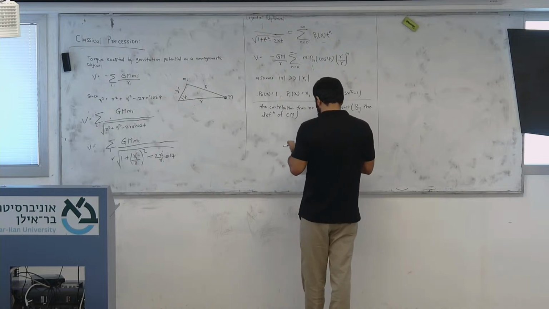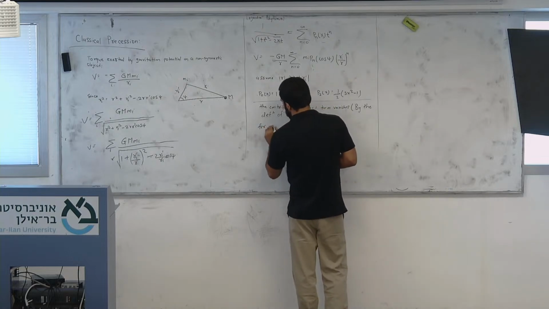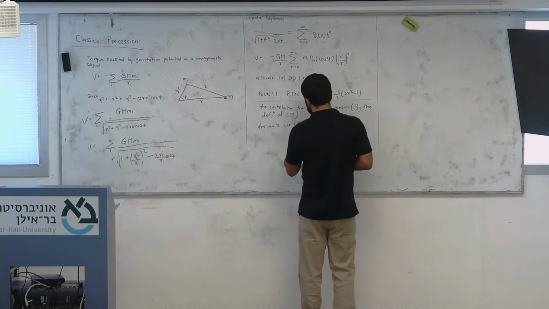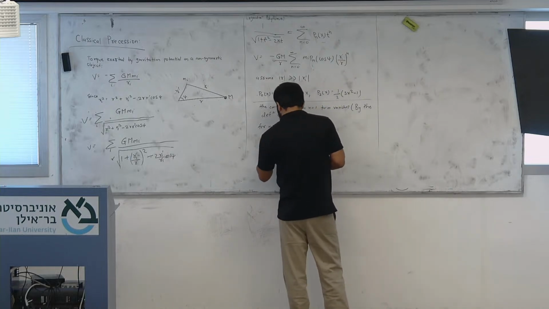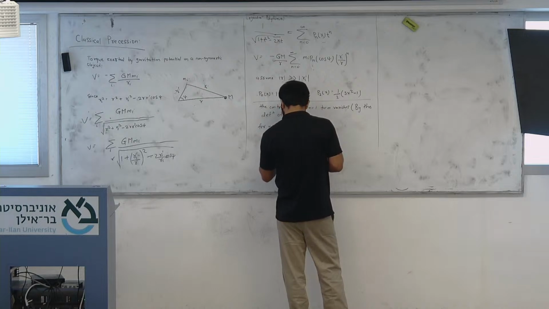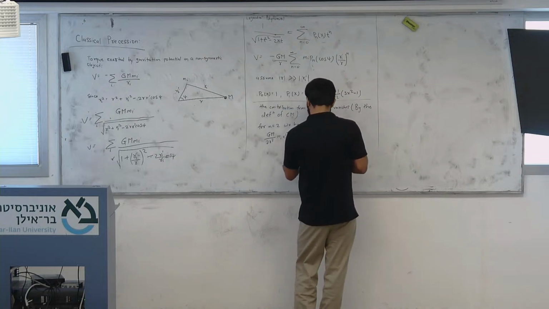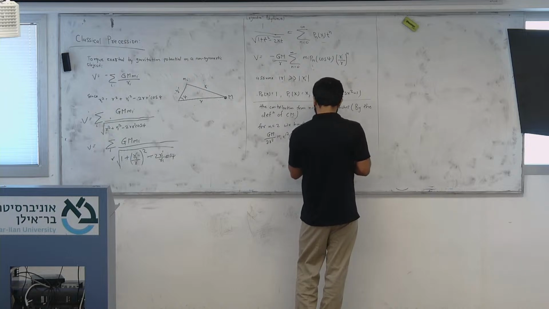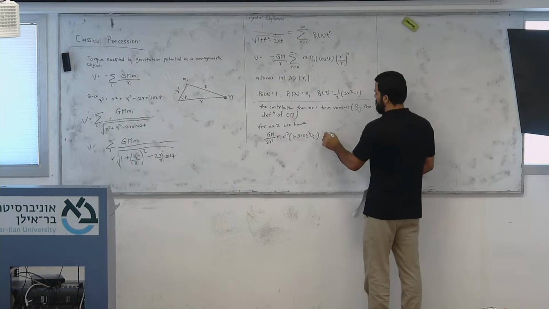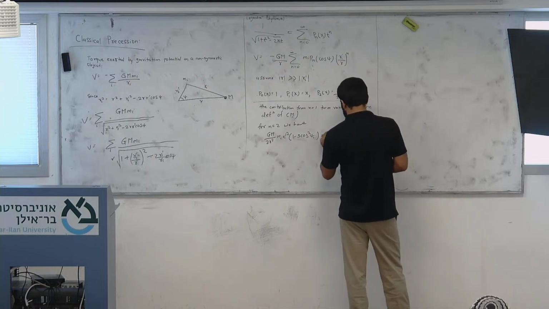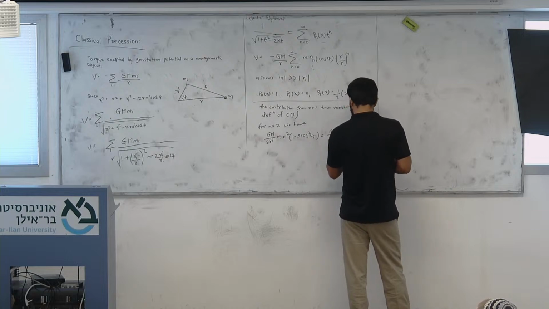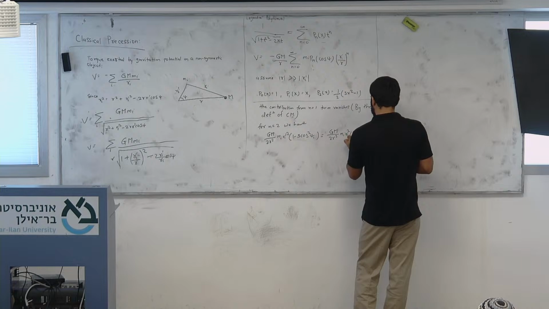For n equals 2, we have GM over 2r cube, sum of mi ri prime square times 1 minus 3 cosine square psi i, which I can also write as GM over 2r cube, sum of mi ri prime square times 3 sine square psi i minus 2.